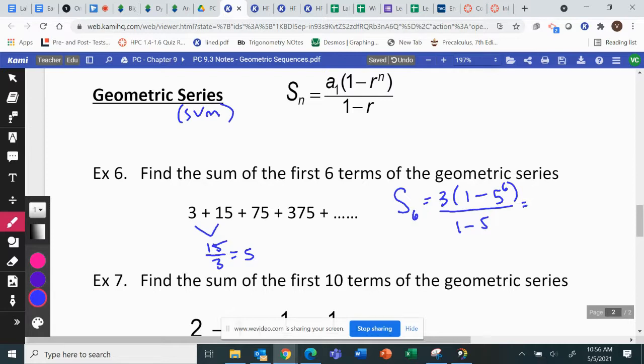We will be able to use our calculator for this, because we have to do 1 minus 5 to the 6, multiplied by 3, and then over -4. I don't know what 1 minus 5 to the 6 is. I don't even know what 5 to the 6 is, so.